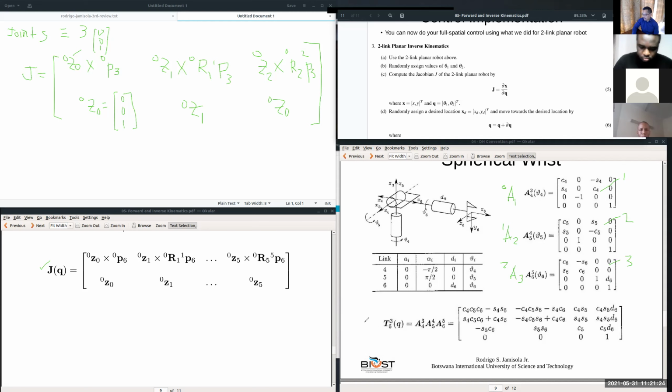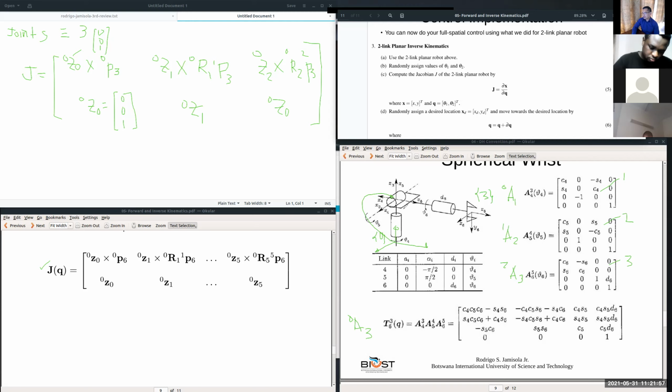And this is 0A3. If we use this one as our base, this is frame 0. Oh, there's no distance here. The frame 0 should be somewhere here, because there's no distance. And then here, this is frame 3.